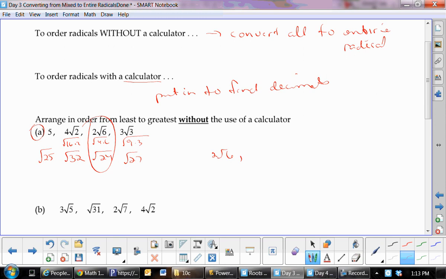What would be next? 5. Next, 3 root 3 and 4 root 2. All done, because all you do is you look at these. And root 25 is bigger than root 24. It should make sense, right? Not a lot, but it is bigger.